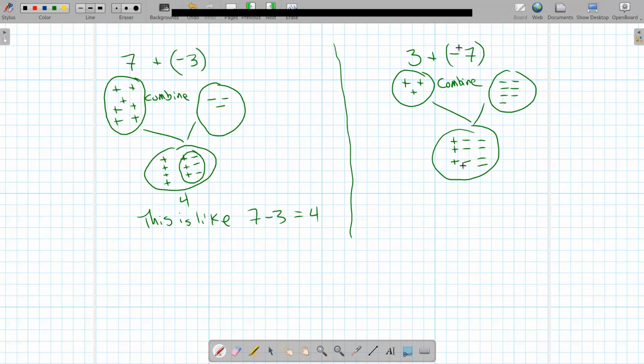Seven negatives, 3 positives, and I can see I kind of lined them up so I can see a few zeros there, and I get -4 as the answer. And again, kids were used to whole numbers where the answer was a whole number, but now, is this like 3 minus 7, which we haven't seen before?